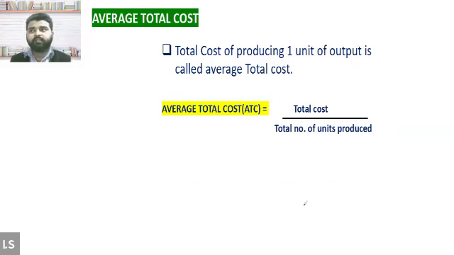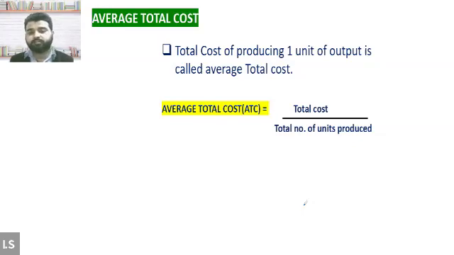Just like, if you recall, while discussing variable cost and total cost, you must have noticed that the behavior of total cost and variable cost are the same, right? If variable cost increases at a decreasing rate initially, and after that it starts increasing at an increasing rate, the same goes with the total cost.